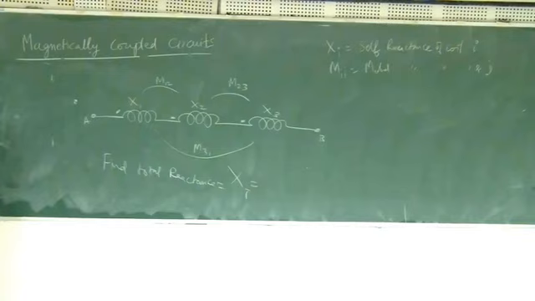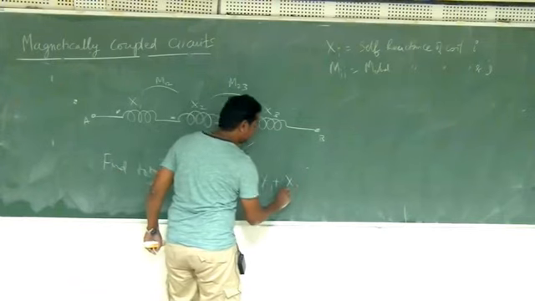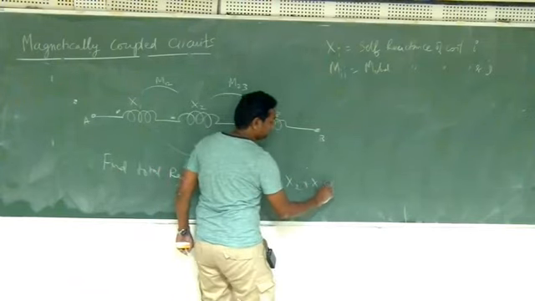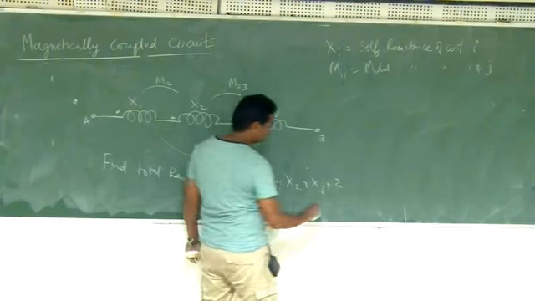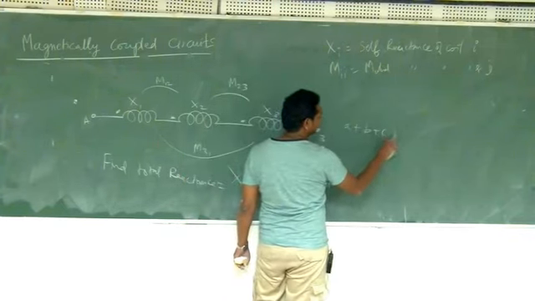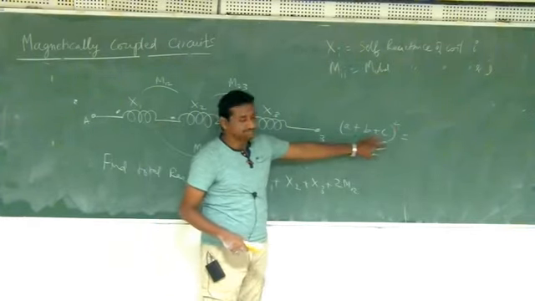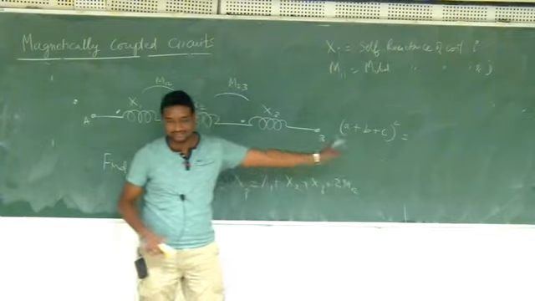Can somebody guess what it will be? Okay, let's write it. X1 plus X2 plus X3 plus... Do you know this? A square plus B square plus 2AB, 2BC, 2CA, like that.